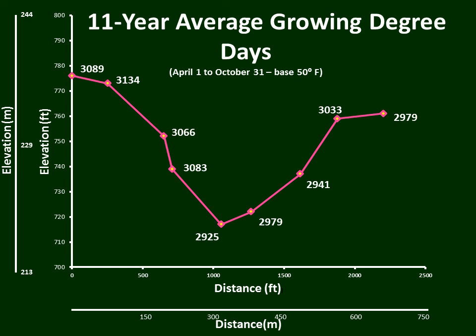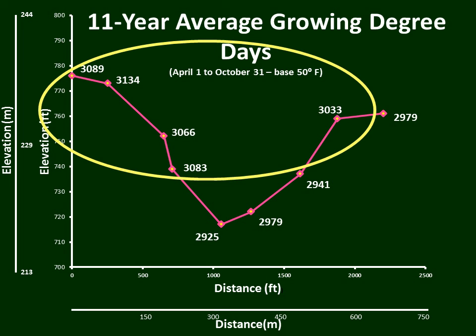And so collecting data and analyzing in this way, we can say that the locations that are up and away from the valley bottom were slightly better than those a little bit lower.